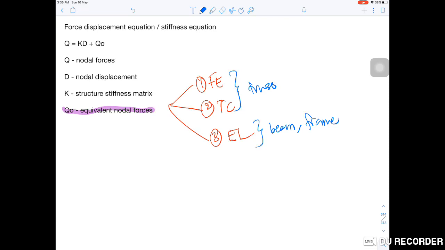So remember this, the equivalent nodal forces is all about member, not nodes.